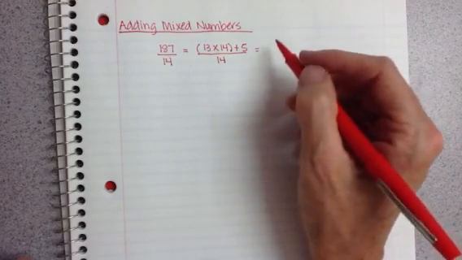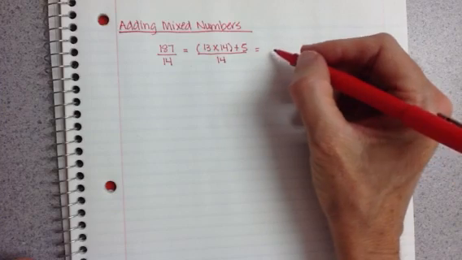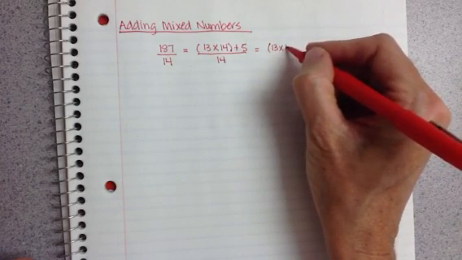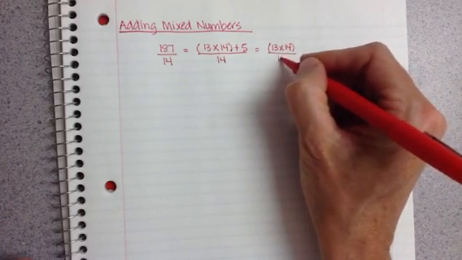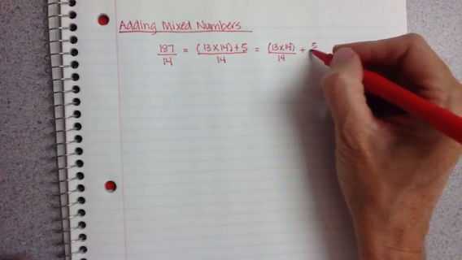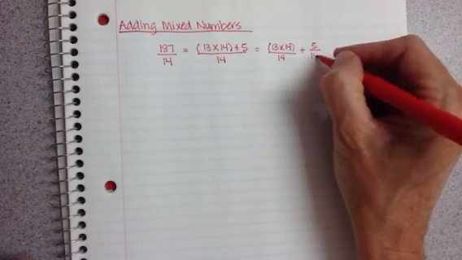Well, when you do that, you can group 13 times 14 over 14. And this is our being able to associate, the associative property.